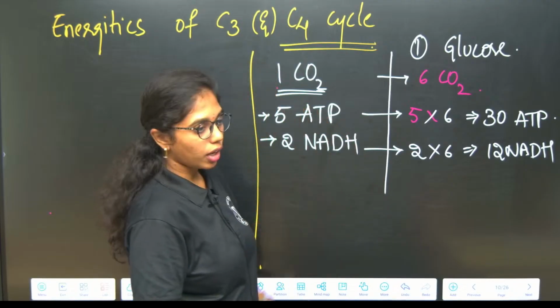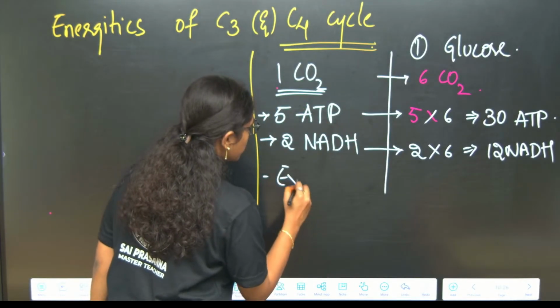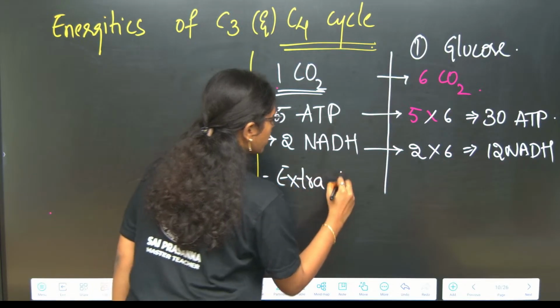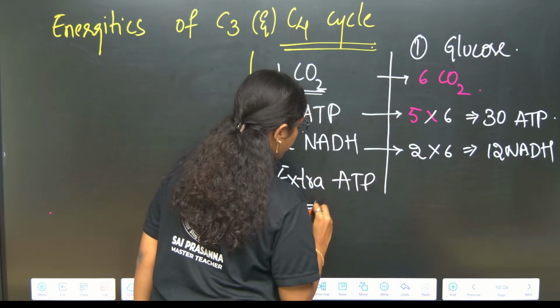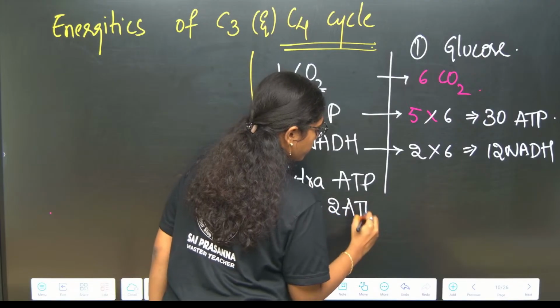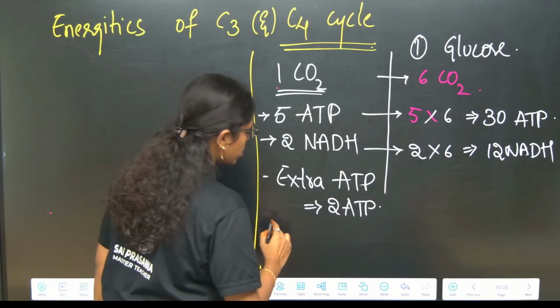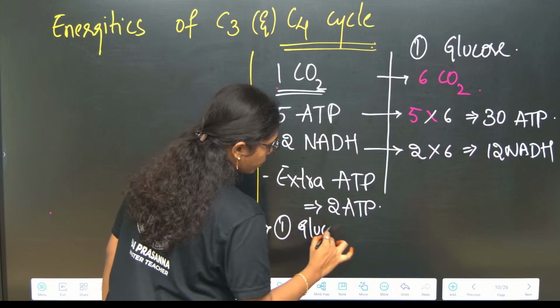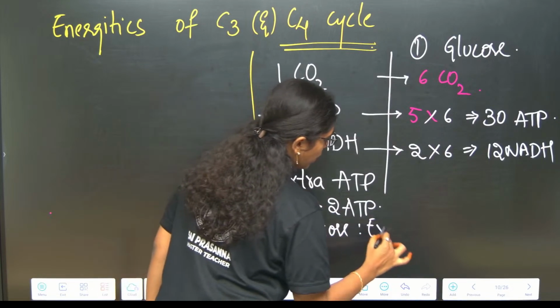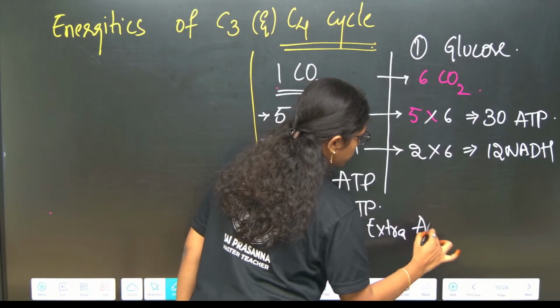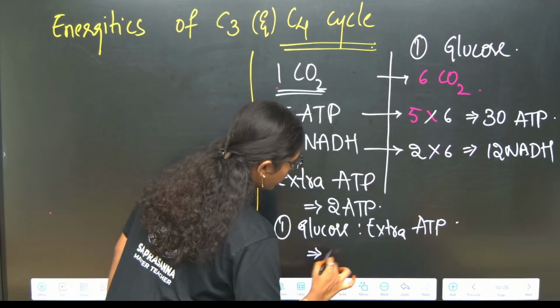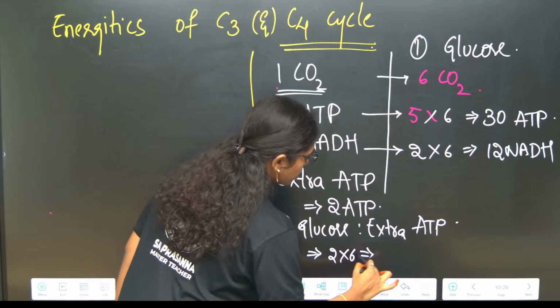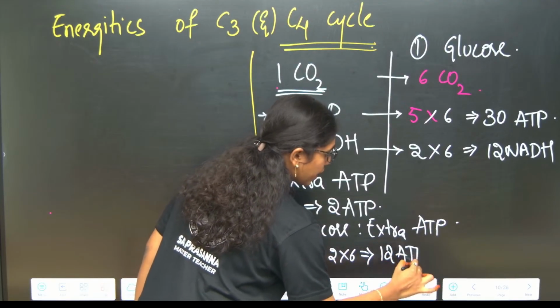For 1 carbon dioxide, extra ATP consumed is how much? 2 ATP. For 1 glucose formation, extra ATP will be how much, beta? 2 into 6. How much? 12 ATP is the extra ATP.